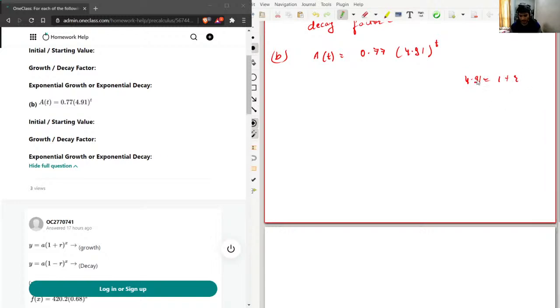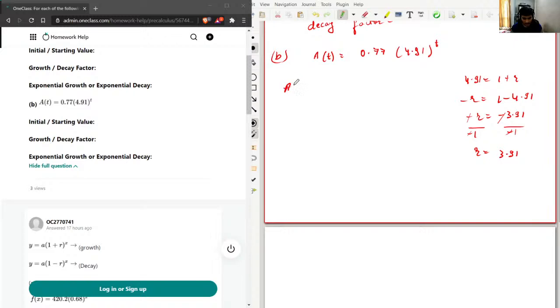Then r equals 1 minus 4.91, so minus r will become minus 3.91. I can divide both sides by minus 1, so this will become positive and therefore my r will be positive here.